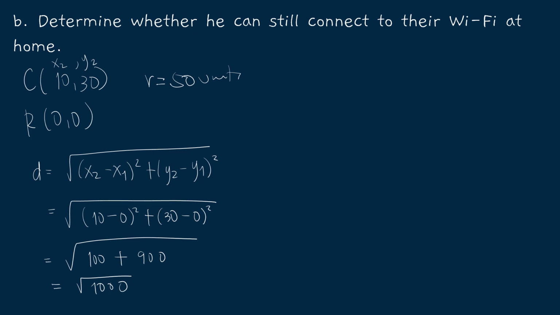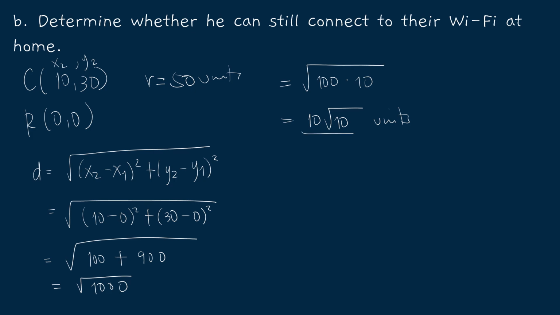First, you can find the factor of 1,000 that has a perfect square, because 1,000 is not a perfect square. So you can write it as the square root of 100 times 10. The square root of 100 is 10, so we have 10 square root of 10 units.